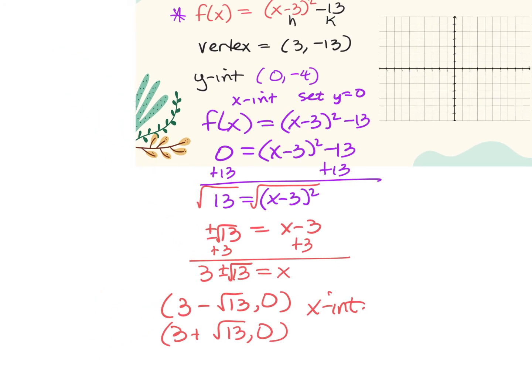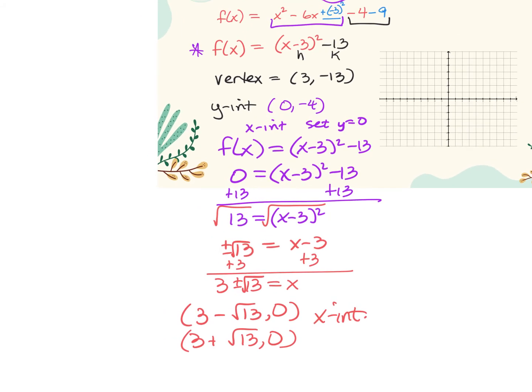So let me go back and highlight everything that you need to include in your answer. In your answer, I also need to add in the axis of symmetry. So you would be giving me the vertex. Let me go ahead and add in the axis of symmetry.